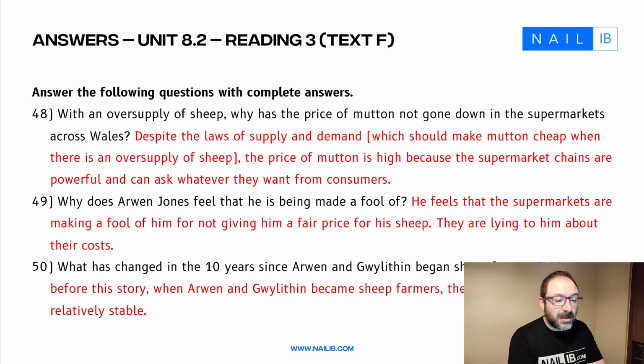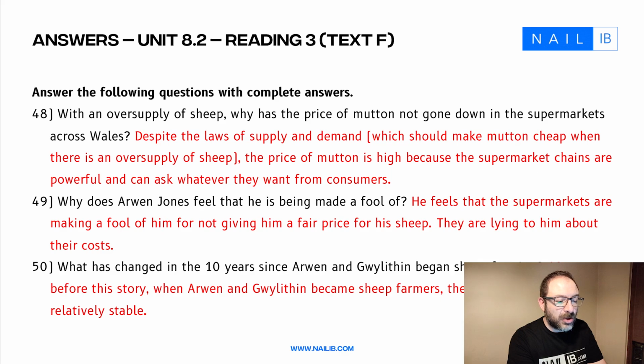Despite the laws of supply and demand, you don't need to write this explanation in the parentheses, which should make mutton cheap when there is an oversupply of sheep, the price of mutton is high because the supermarket chains are powerful and can ask whatever they want from consumers. Again, you can make your own sentences, but it should have the same meaning. Don't miss anything in your versions.